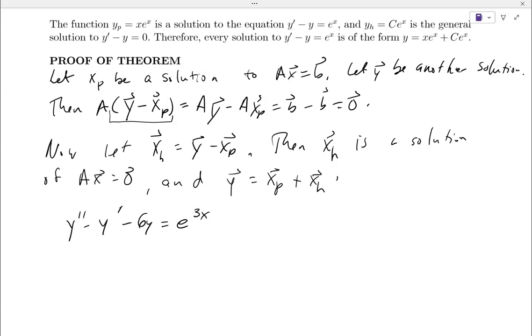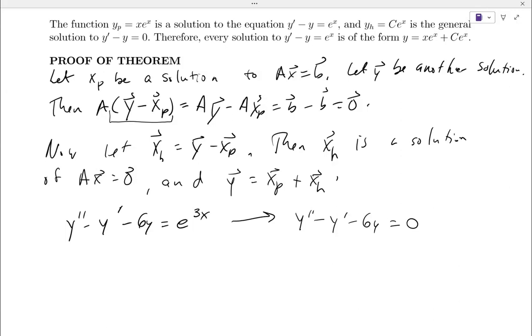So I can look at the associated homogeneous equation first, look at that particular differential equation, and say, I need a function that when I differentiate it once and differentiate it twice, and then combine those things, I get 0.